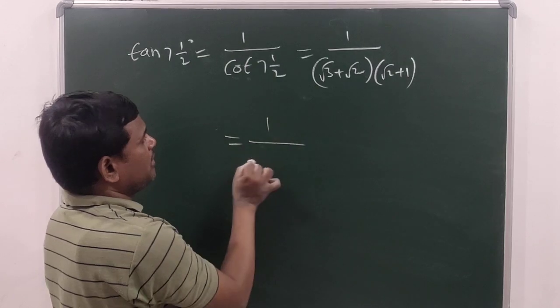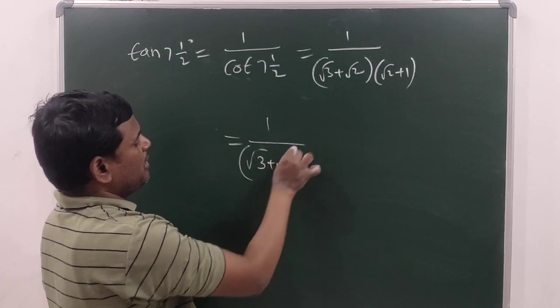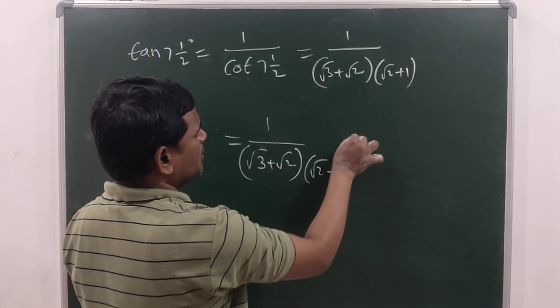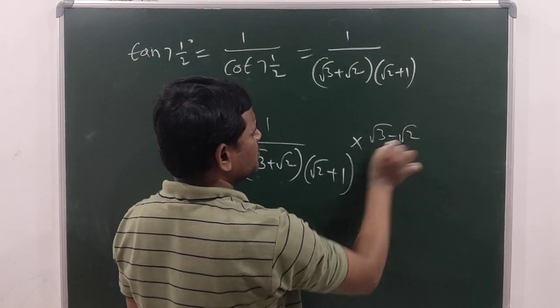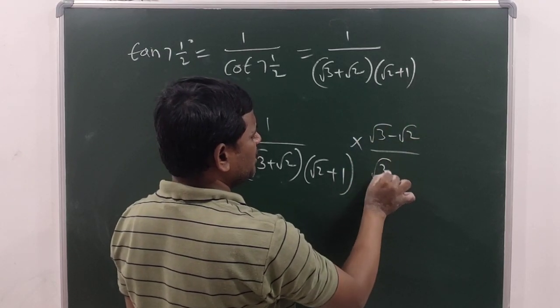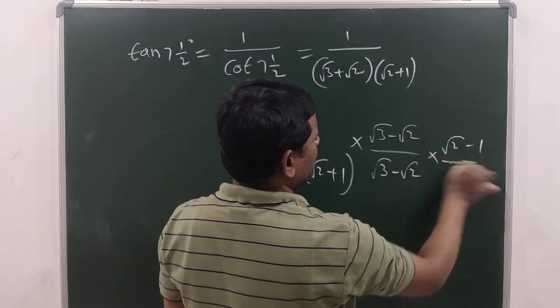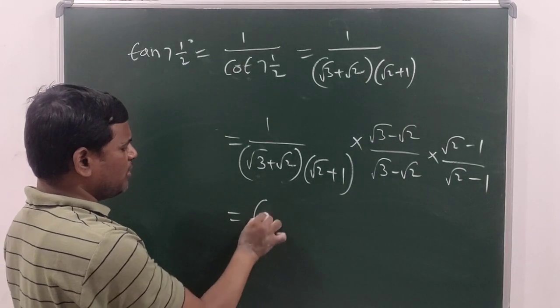Now here root 3 plus root 2 into root 2 plus 1. Multiply numerator and denominator by root 3 minus root 2 by root 3 minus root 2, and here root 2 minus 1 by root 2 minus 1. Now in the numerator what do you get?